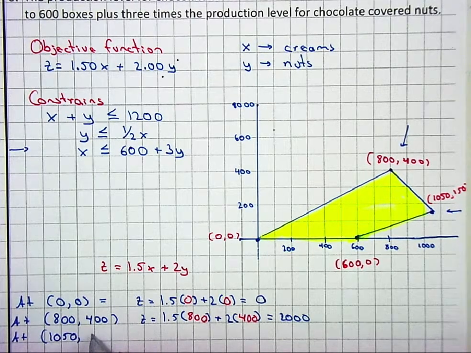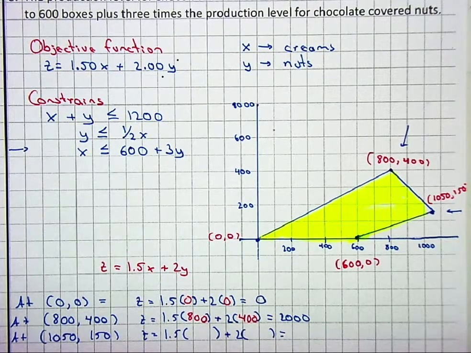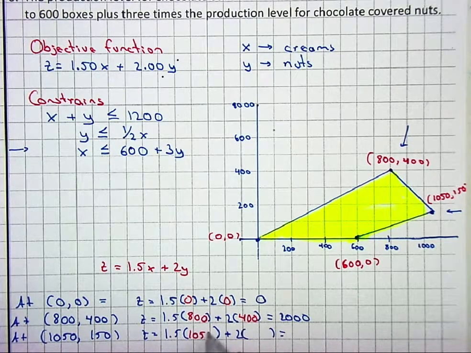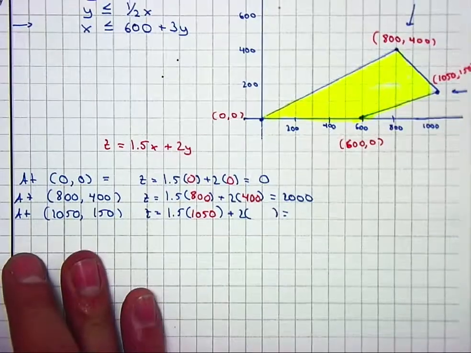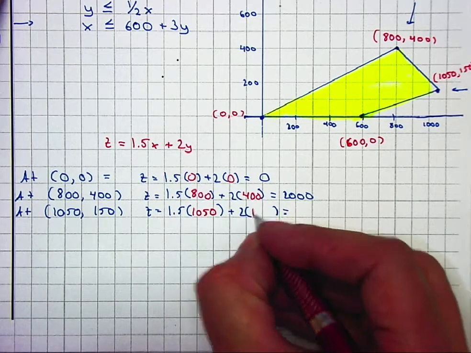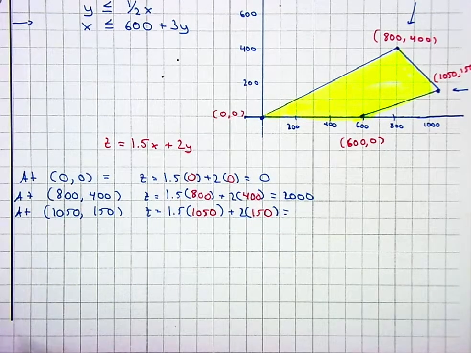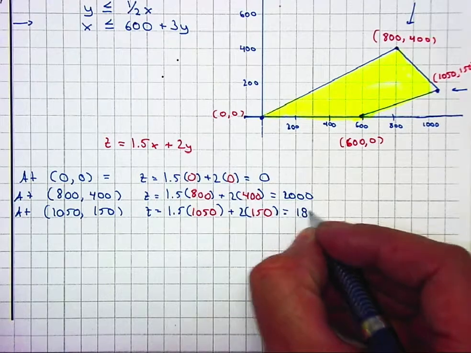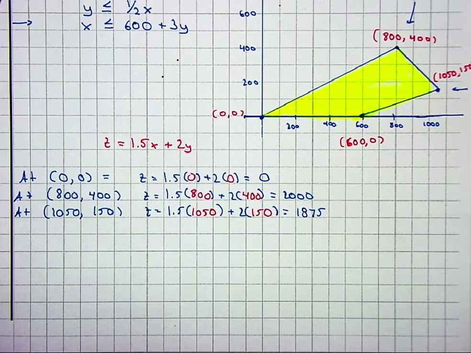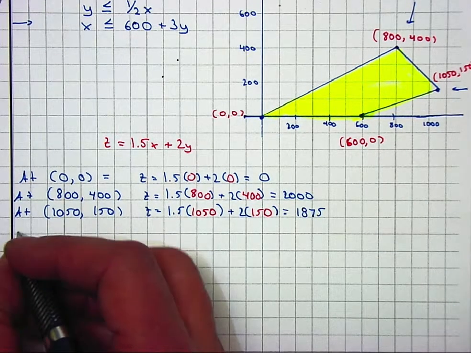1050 and 150, that'll be 1.5 times 1050 plus 2 times 150. That'll be 1875. And the last one will be the 600 and 0.